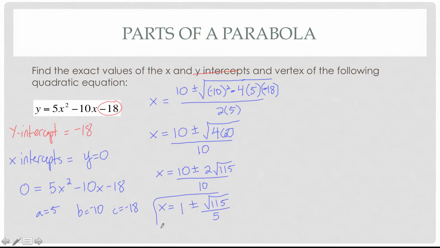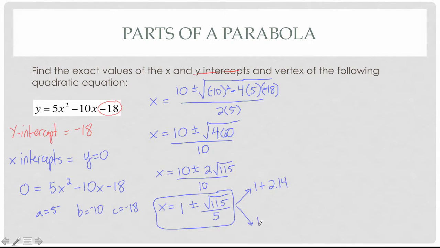There's my two solutions, my x-intercepts. And let's go ahead and round it. Let's find the approximate values. So the square root of 115 is about 10.7, divided by 5 is 2.14. So one solution is 1 plus 2.14.